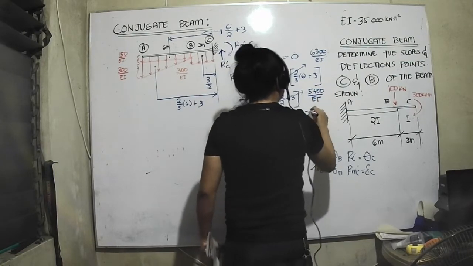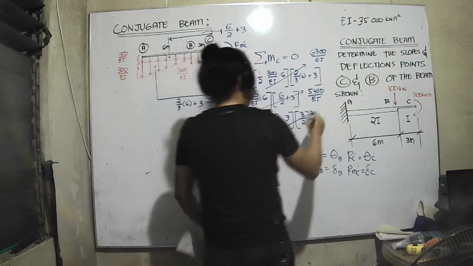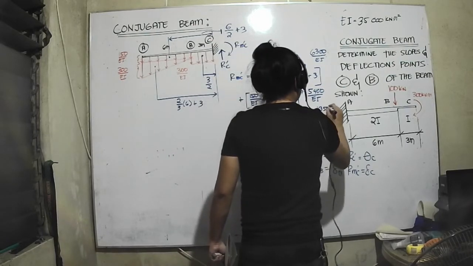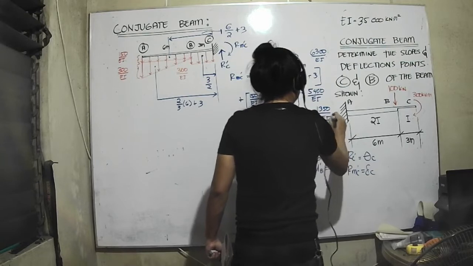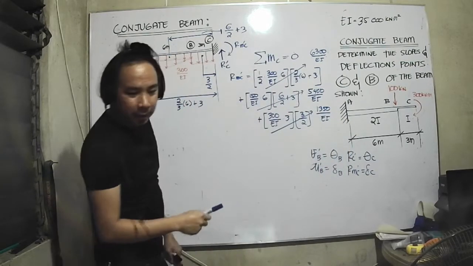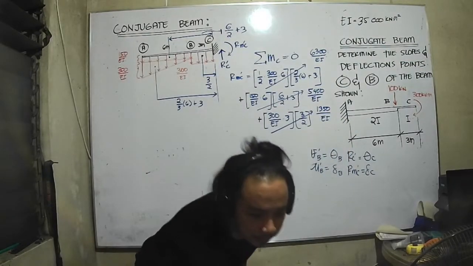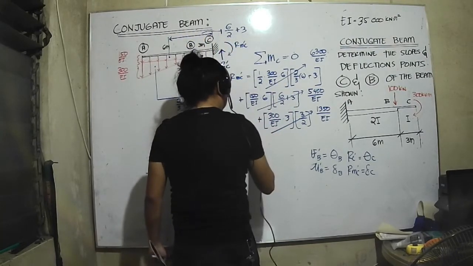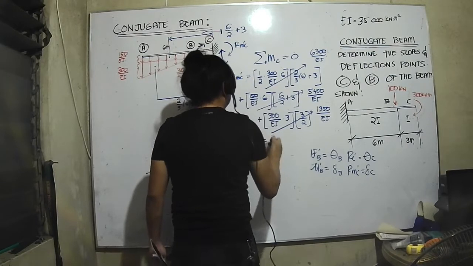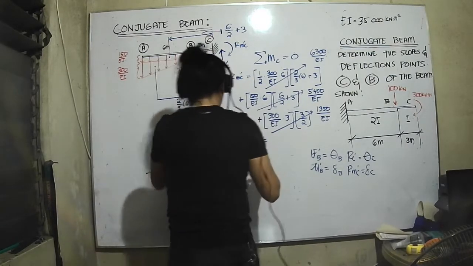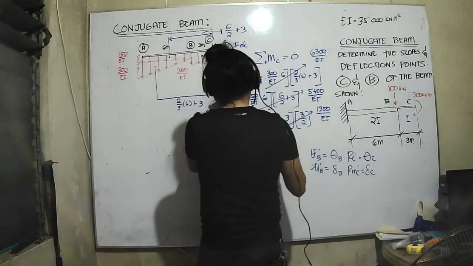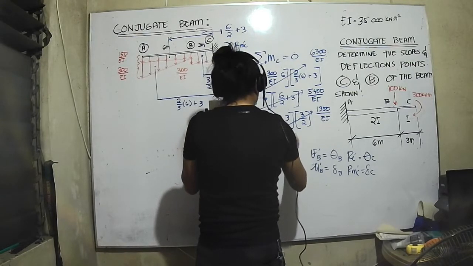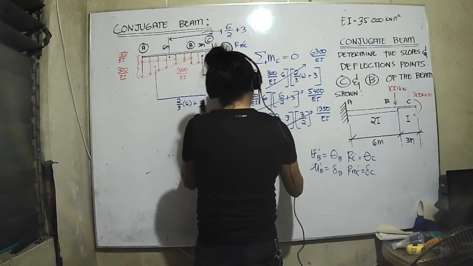And this one is equal to 1,350 over EI. I hope the numbers are clear. Add them all and we will have RMC prime, which is equal to 13,050 over EI.